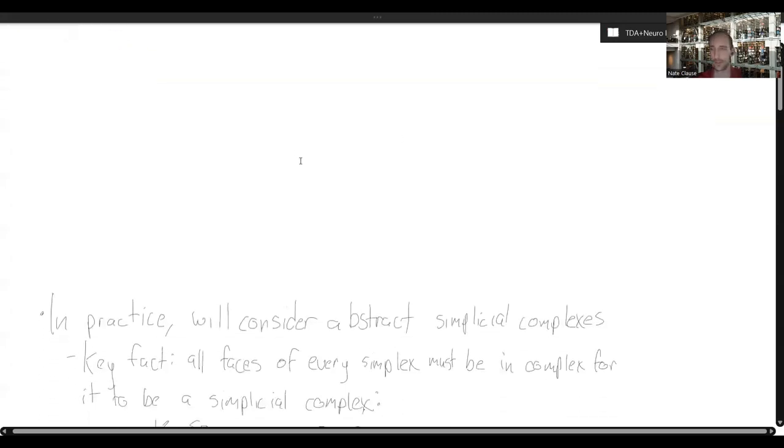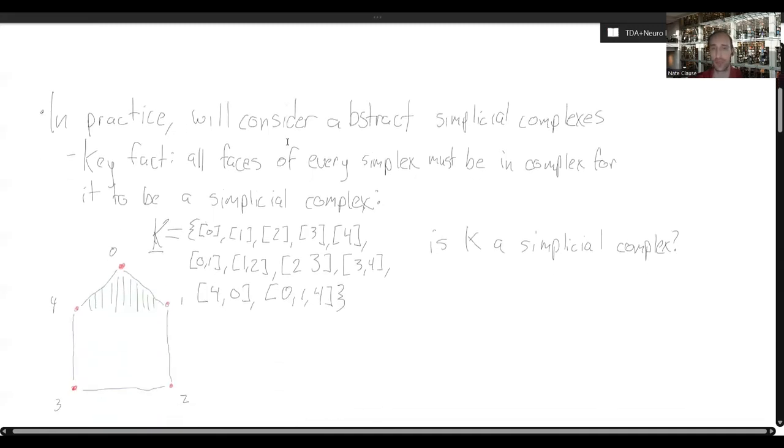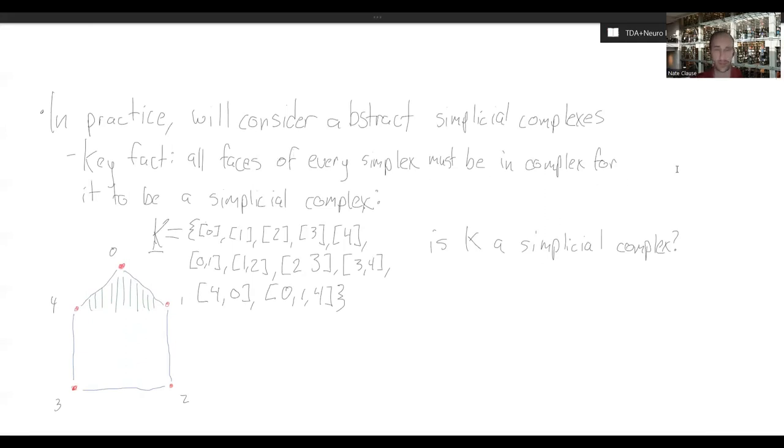So first, you discussed in the lecture videos what a simplicial complex is. In practice, and by in practice, what I mean is in applied practice, so when we're thinking about things from an algorithmic or computer science type standpoint, we're mostly working with abstract simplicial complexes.